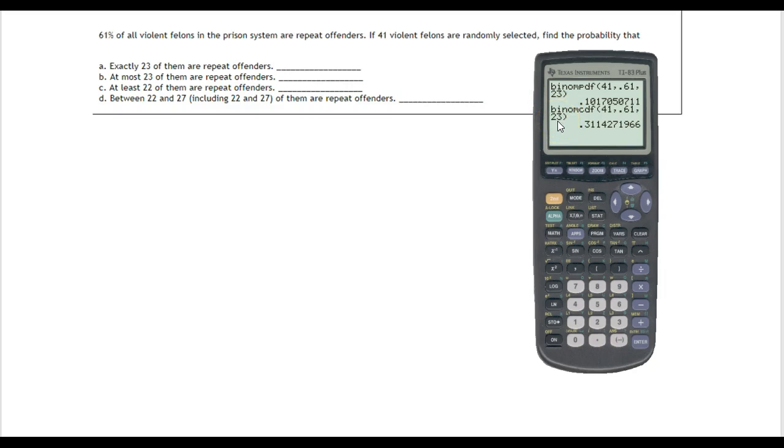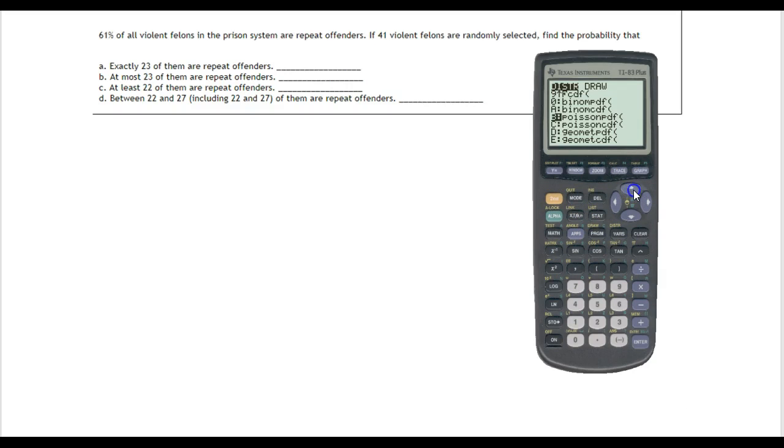Okay. Well, this time I'm going to do 1 minus. Really I'm doing the complement of it, 1 minus, because if I put in 41, 0.61 and 22, that's going to find me everything less than 22, which isn't what I'm looking for. So I'm going to do 1 minus the binomial CDF.